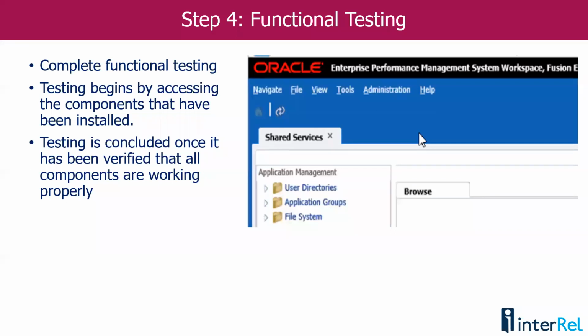For us, in this case, we've actually accessed Workspace. So this lets us know that it's actually up and running. The communication with the database is okay. And the communication with the RCU schemas is also okay. So everything is communicating at this point because we're able to get into our workspace for 11.2.